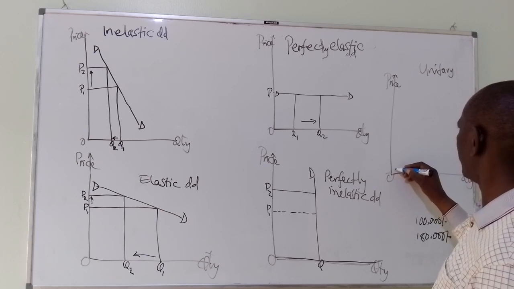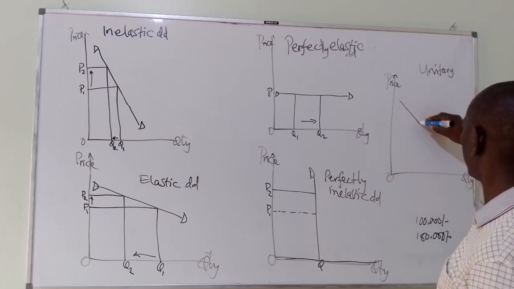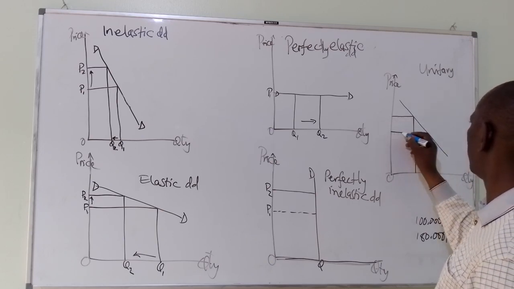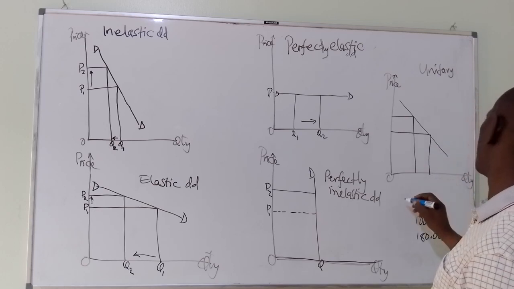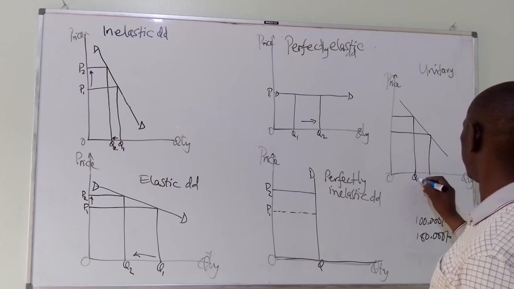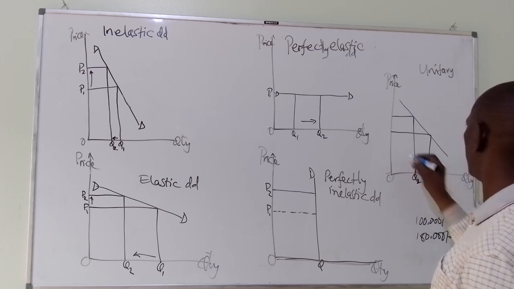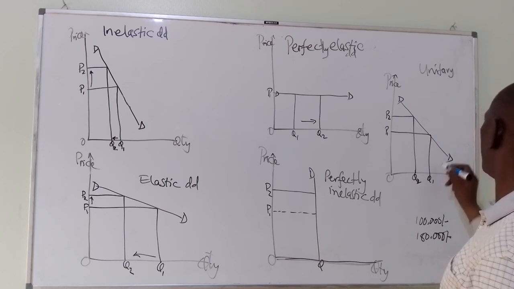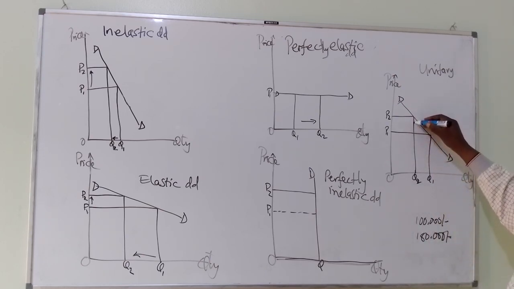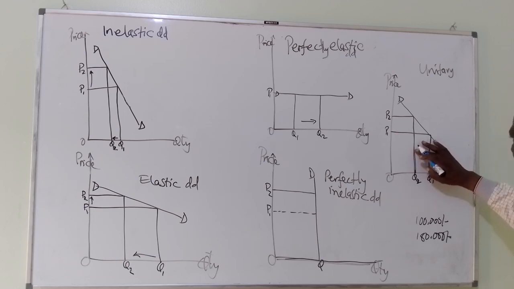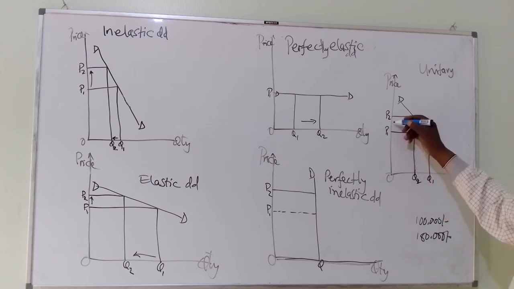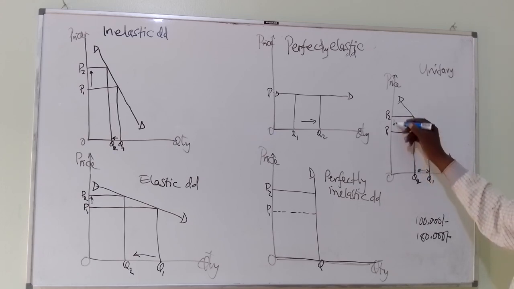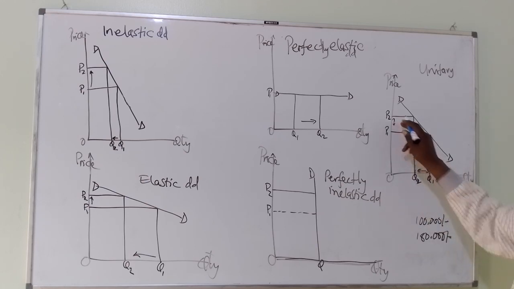Then we have what we call the unitary. Unitary, in most cases, we assume that the gap here is equal to the gap here.